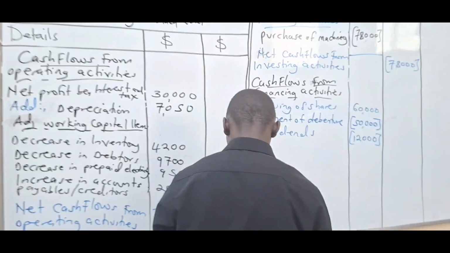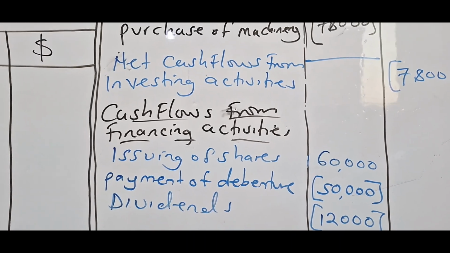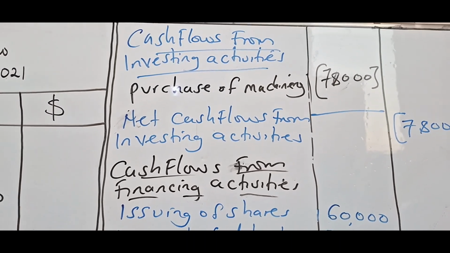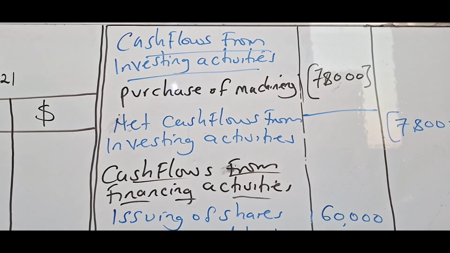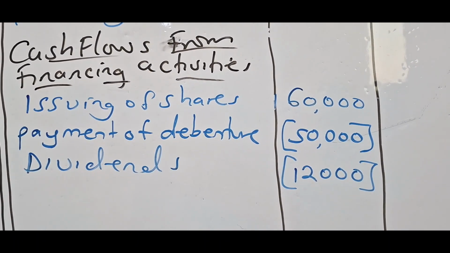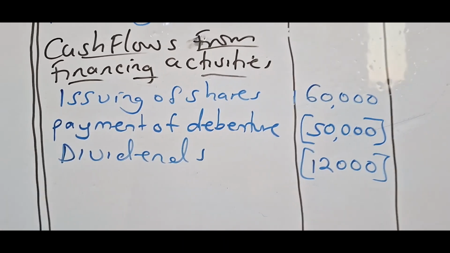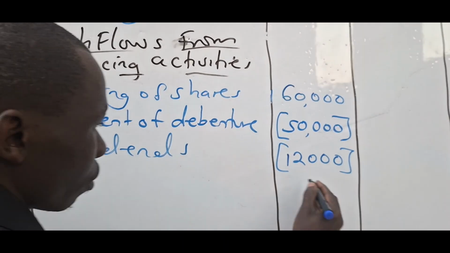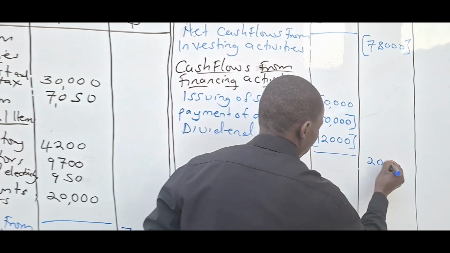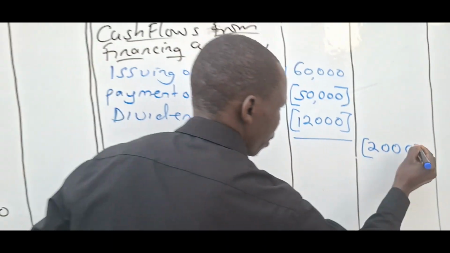When you add this, let me go very fast. It is 60,000. We subtract 50,000 and we subtract 12,000. We shall remain with 2,000, but that 2,000 is a minus.